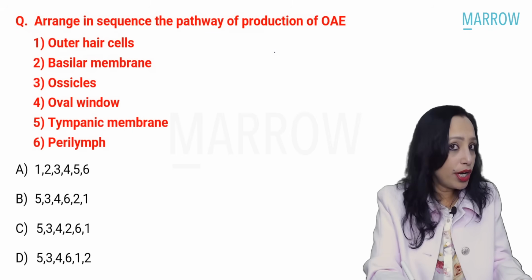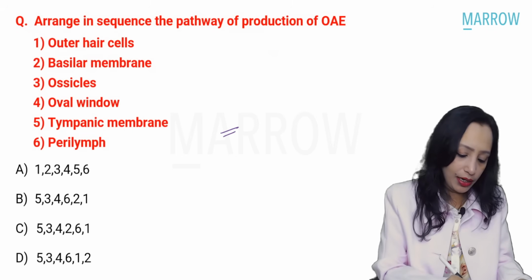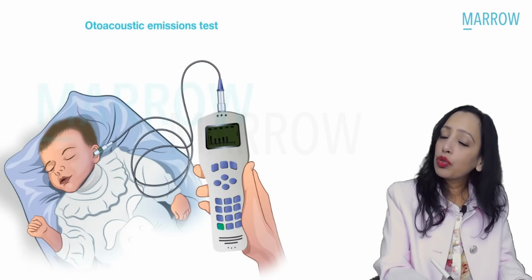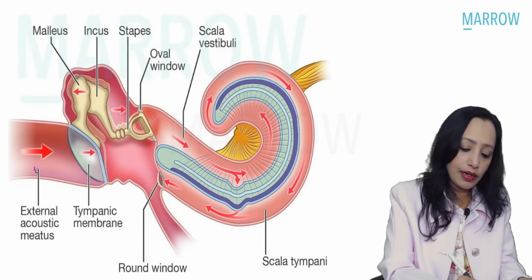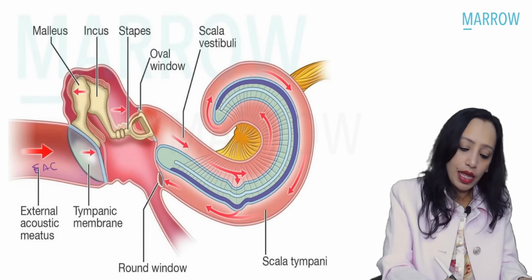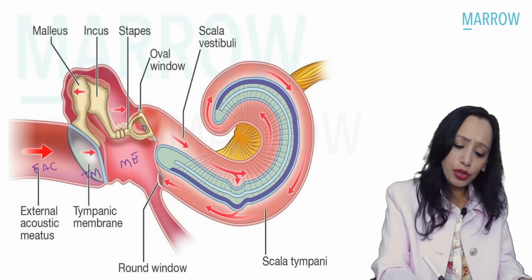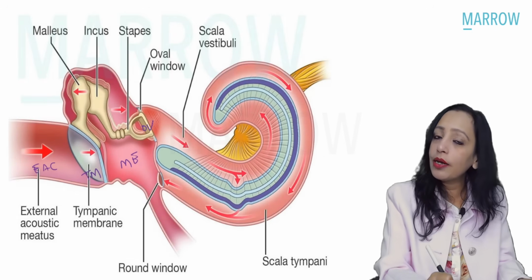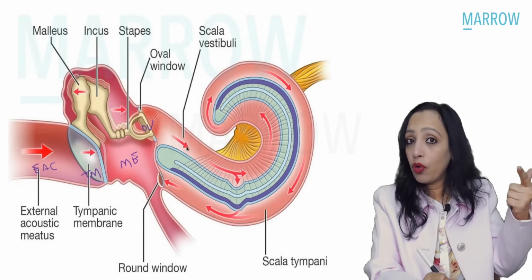Now coming to the next question: arrange in sequence the pathway of production of otoacoustic emission. We already know the pathway. We pass a probe in the external auditory canal, and through this probe a sound is given. This sound goes first to the external auditory canal, then to the tympanic membrane, then to the middle ear, and then through the oval window it goes into the inner ear. In the inner ear, where does it reach first? Oval, V for oval, V for vestibule.